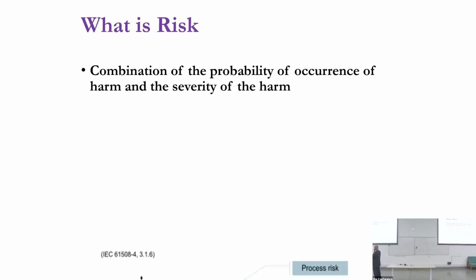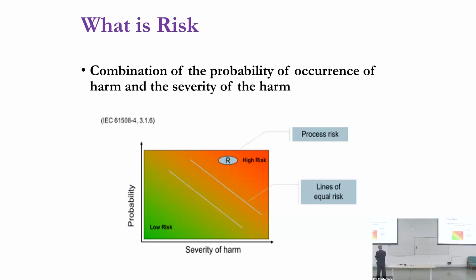This is what we have already seen. Mainly here, if you look at the x-axis, it is the severity of harm, and the y-axis is probability. The top one is high risk, and the green one here is low risk. We have to bring all these things down to the level of low risk.